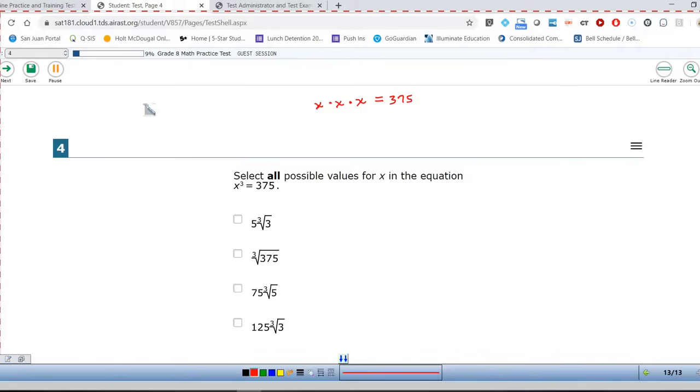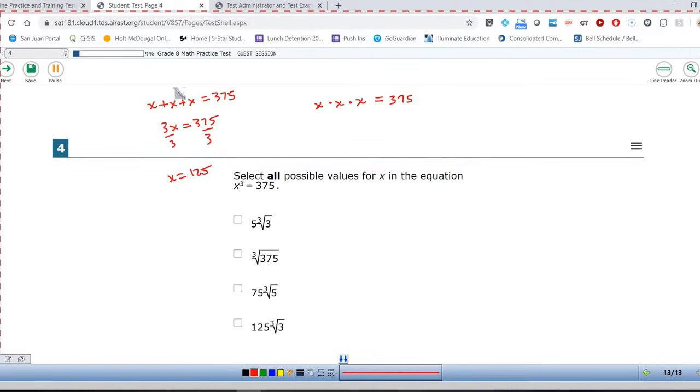All right, now, if it were x plus x plus x equaled 375, then we could simply divide by 3, right? Because that would be 3x equals 375. And we could divide by 3, and we would get x is equal to 125.